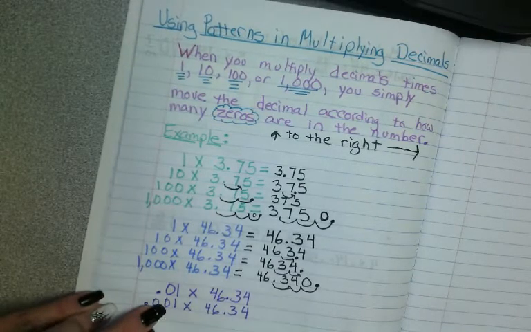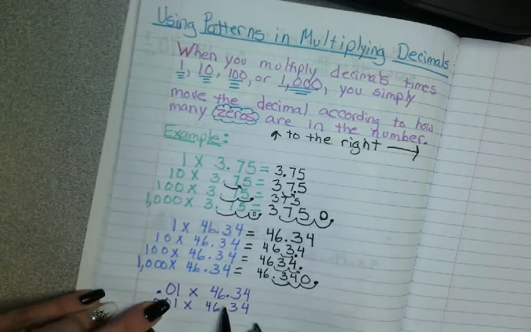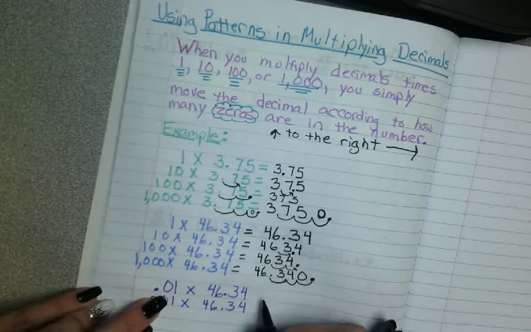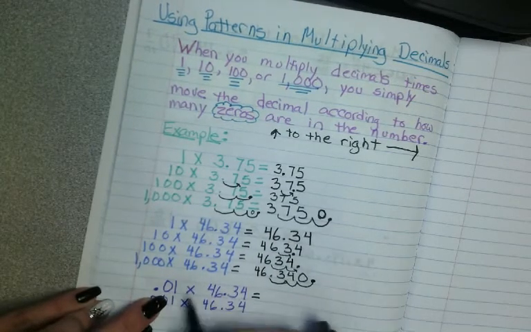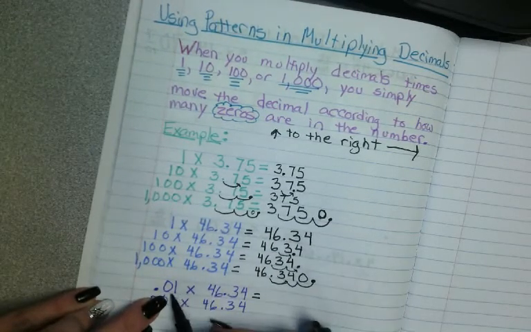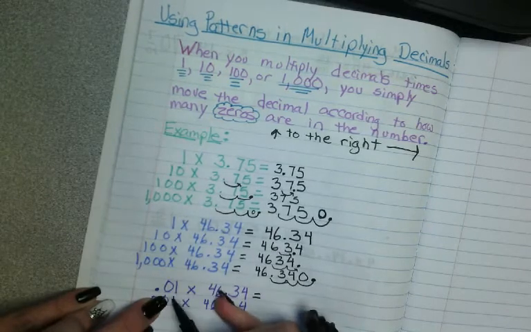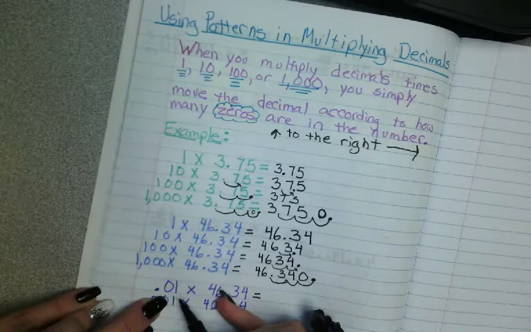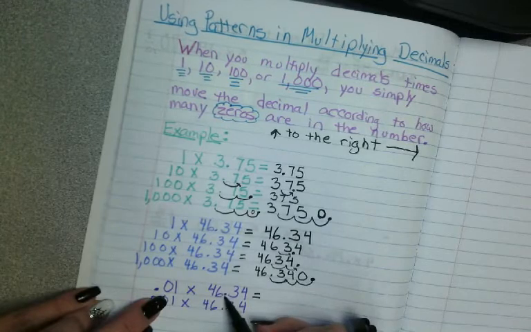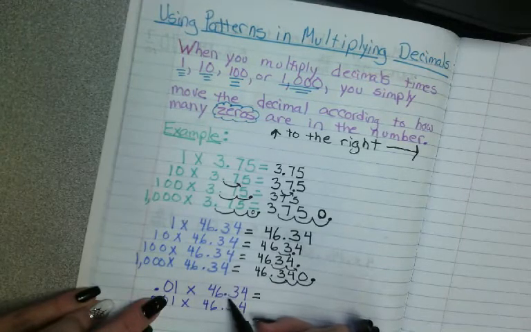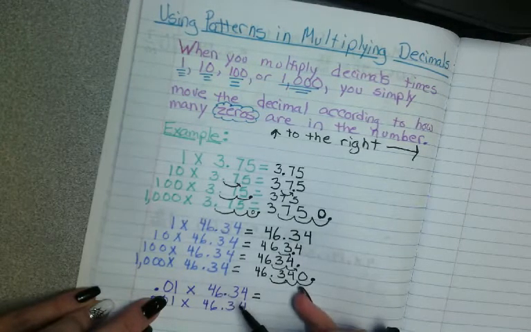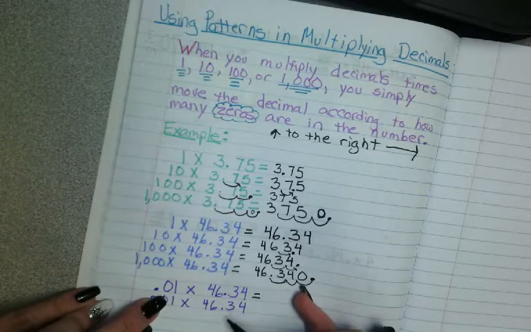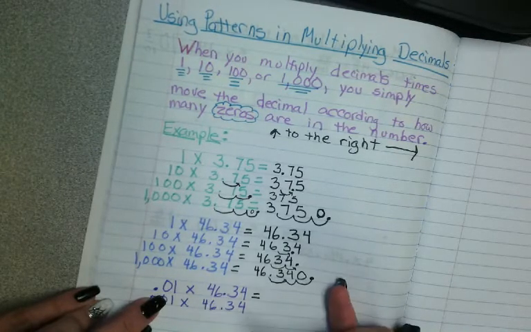And now here, things are a little bit different, okay? And you're going to notice something. I'm no longer multiplying times 1. I'm multiplying times one hundredth. So instead of moving my decimal to the right this time, I'm actually going to be moving it to the left according to how many zeros.